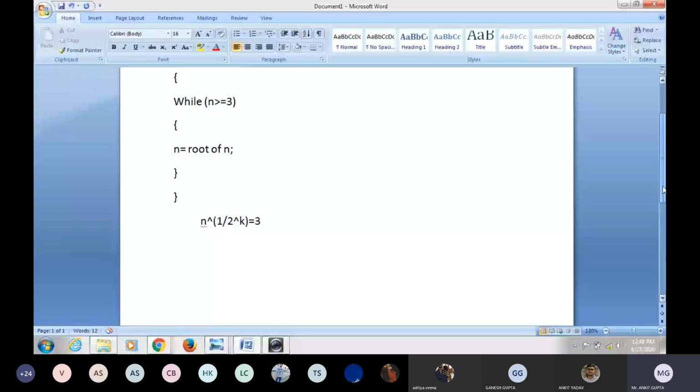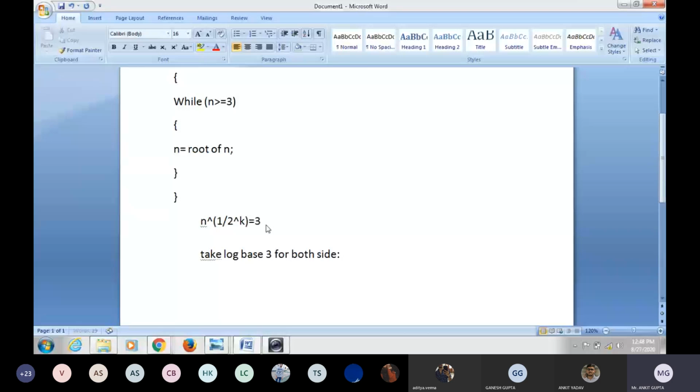In the previous question I was taking log base 2, but in this question I will take log base 3 on both sides, so that the right hand side will become 1. So take log base 3 on both sides. Any doubt?